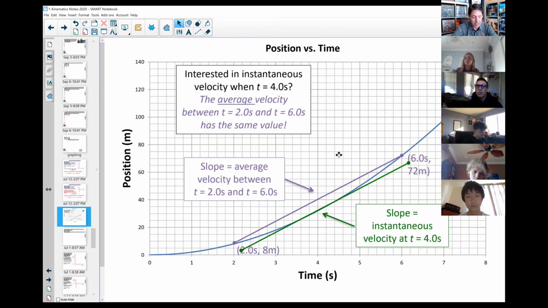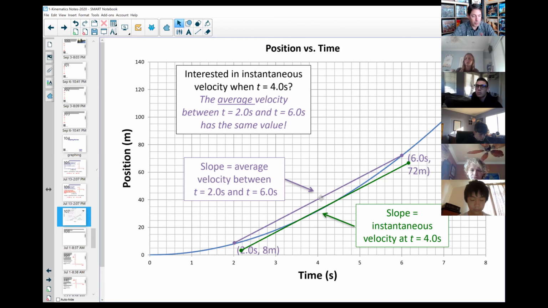That's pretty easy. And you won't necessarily even need to draw the secants as long as you have multiple position time points. Pick two points, use those two points to find the average slope. And like Jalen said, the slope of that secant is the average velocity, but it would match the instantaneous velocity at the midpoint of that secant.